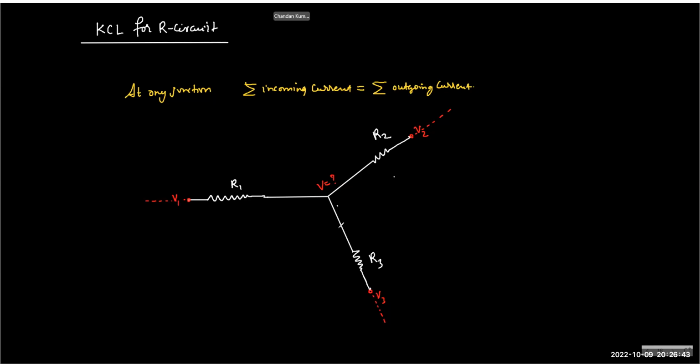You know the potential of each end, V1, V2, V3. What you're looking for is the potential of the common end, the junction, which is not known to you.